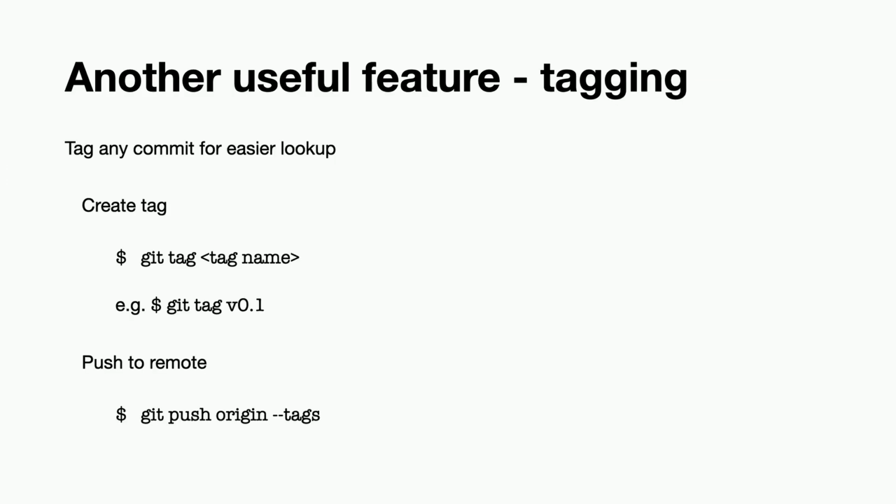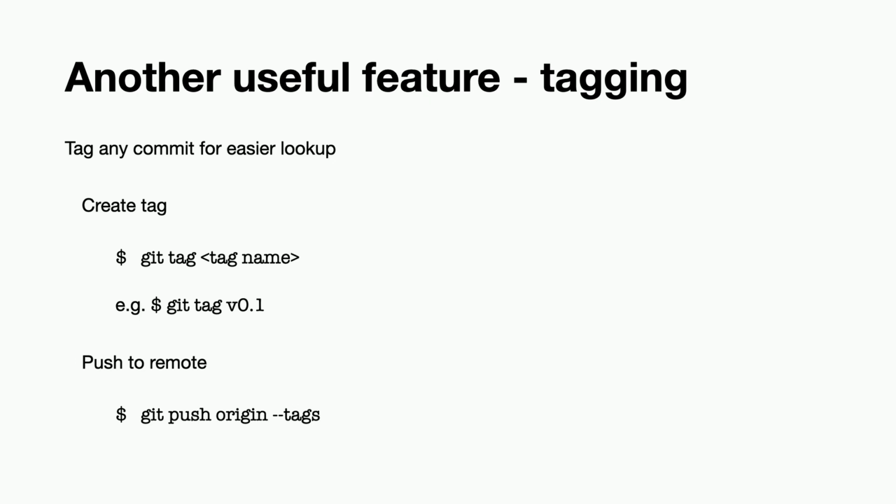There's another quite useful feature of Git, which is tagging. Tagging is essentially naming your commits. All the commits have a name, which is a long hexadecimal number that you probably won't memorize. So let's say you want to tag a point in your workflow.